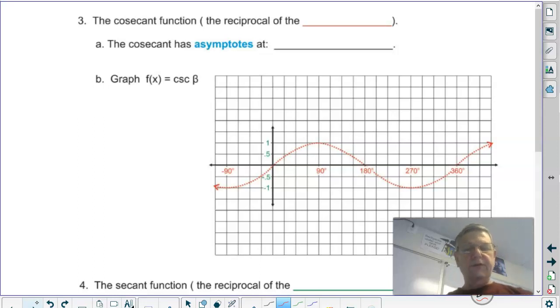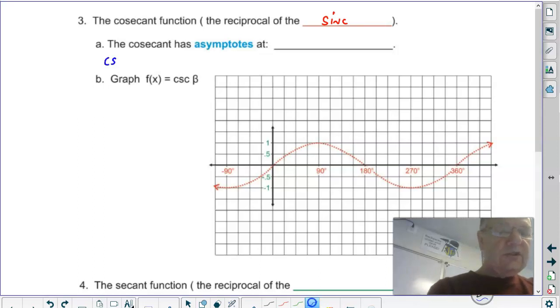All right, what about the cosecant? So we got to remember the cosecant is the reciprocal of which function? Hopefully you're thinking the sine function. Okay, well our cosecant is also going to have asymptotes. So let me do it this way.